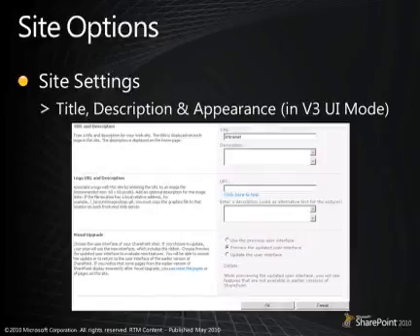If the new user experience has not been applied to the site, you can see visual upgrade options from the title, description and appearance site setting page. If you have upgraded your 2007 environment to 2010, this is the default situation, meaning that you would be using the old experience until you explicitly decide to change it. There's also a preview option available, which means that you can see how the site would look in the 2010 user experience, but you can still change the user experience back to 2007.